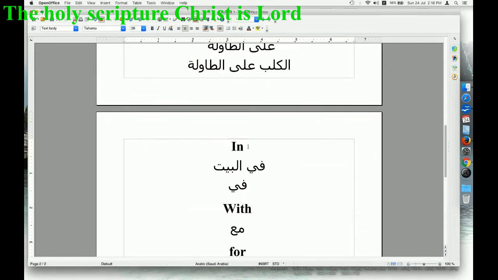In English we don't say we will meet in home; we say we will meet at home. However, in Arabic fi is still in because we are going to meet inside the house. So we are going to meet fil bayt.